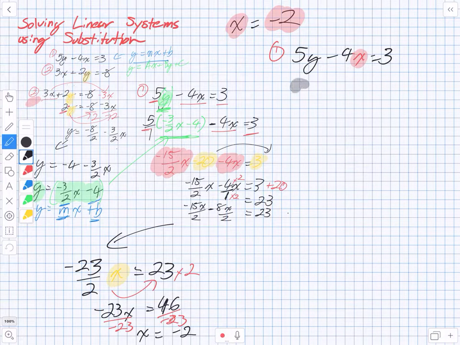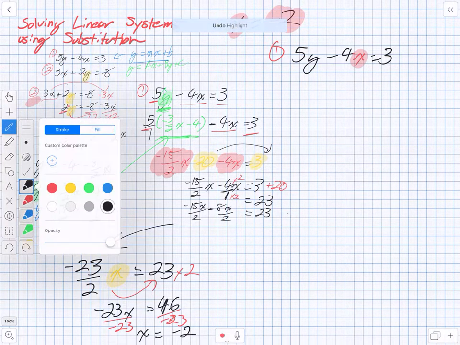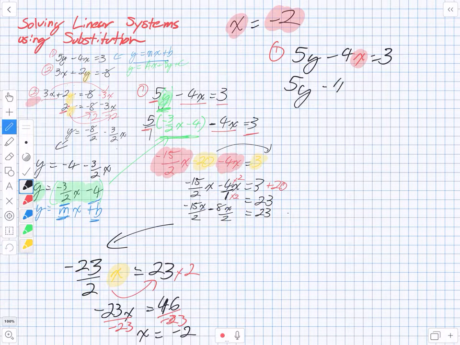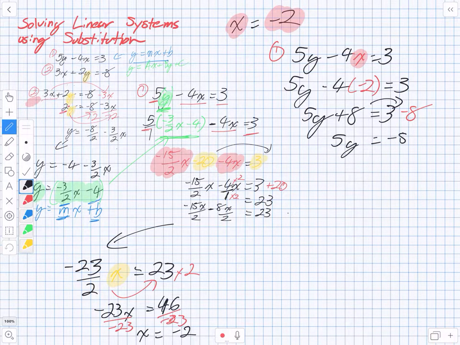So we rewrite it: 5y minus 4 times negative 2 equals 3. Negative 4 times negative 2 is positive 8, so 5y plus 8 equals 3. We move the 8 to the other side, it becomes negative 8. So we have 5y is equal to negative 5. And then we divide both sides by 5. y equals negative 1. So our answer should be x equals negative 2, y equals negative 1.